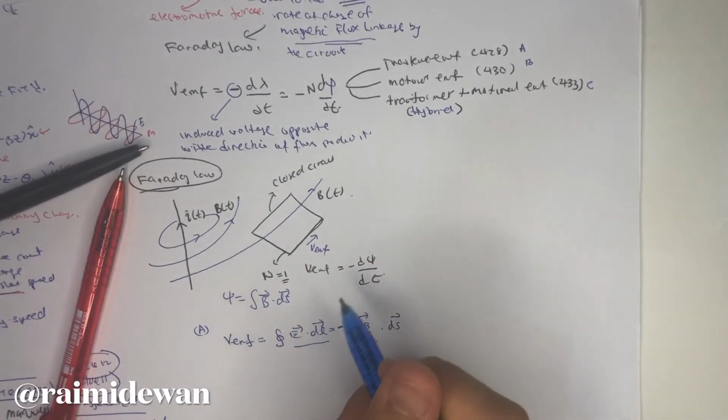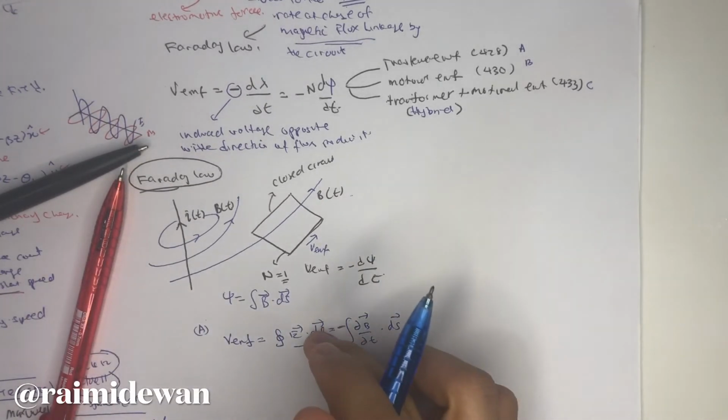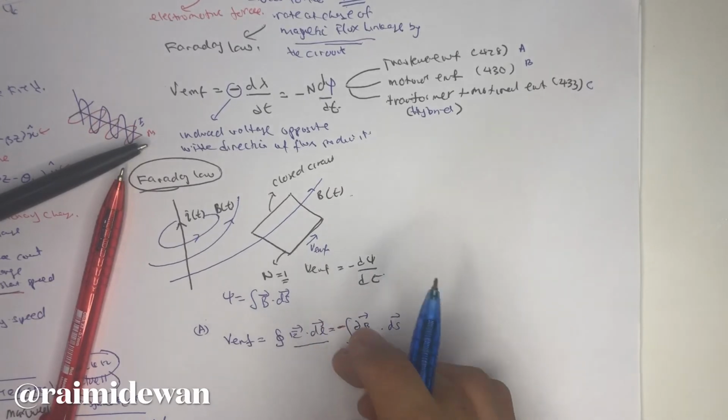Okay, but in Stokes theorem they change this line, okay, this line, your dl to your ds.